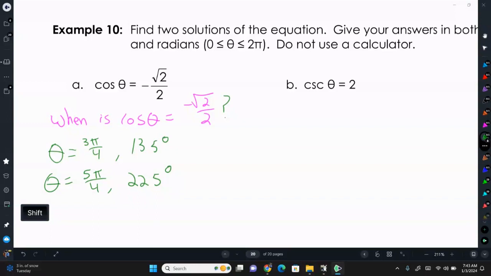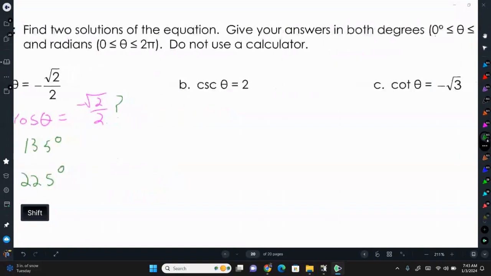So there are two solutions to this equation because of how cosine is negative in quadrants 2 and 3. So just like how in quadratic equations we had two solutions, in trig equations, the ones that we're doing right now have two solutions dependent on the quadrant we're in.